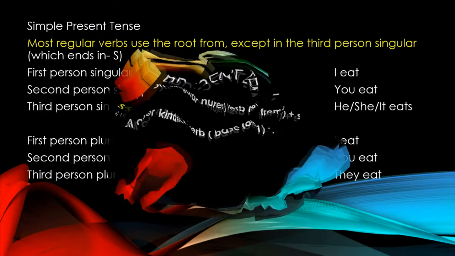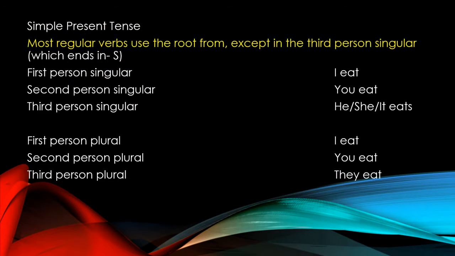Simple present tense. Most regular verbs use the root form, that is called our base form, except the third person singular number. Okay. First person singular: I ate. Look at this example. Second person singular: you ate. And if it is third person singular, he, she, or it, we have added s here.